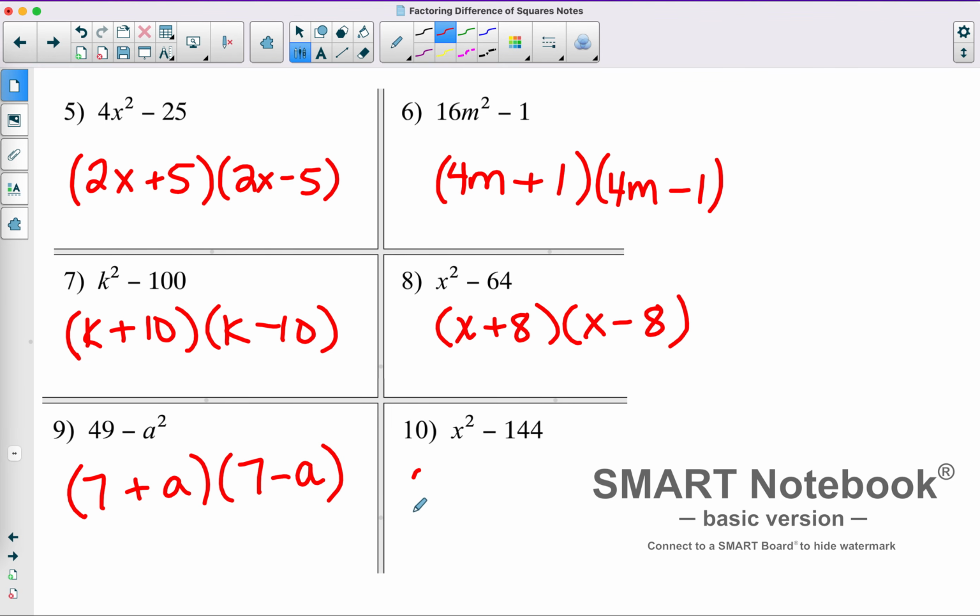And lastly, number 10 is x plus 12, x minus 12.